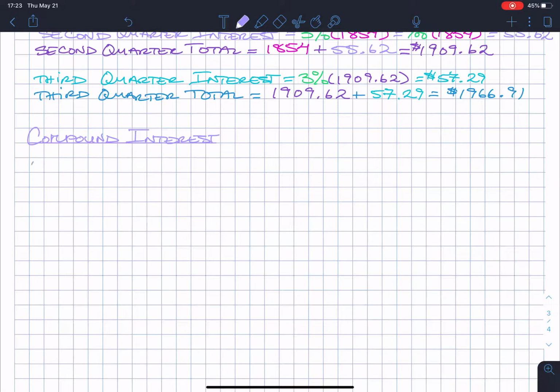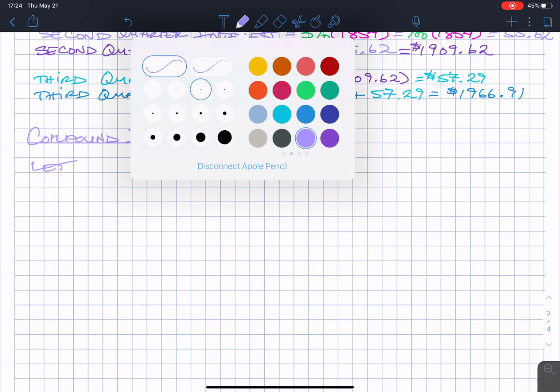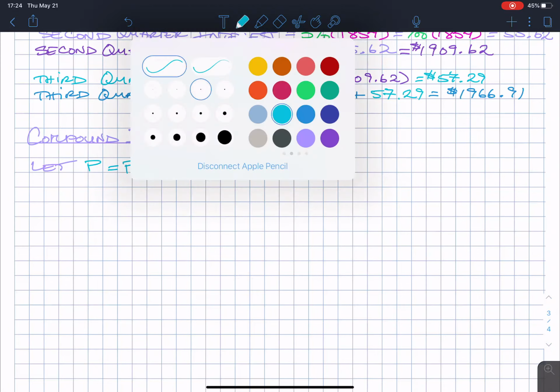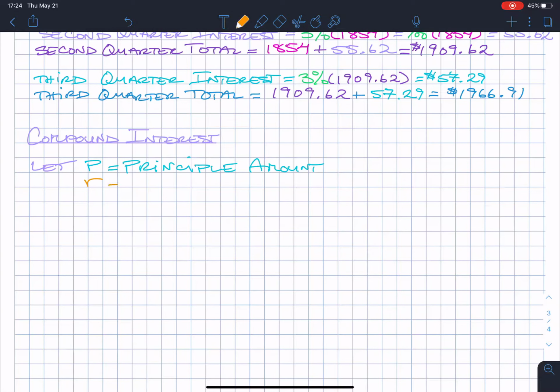Okay, so once again, let P be the principal amount. Let little r be the interest rate.